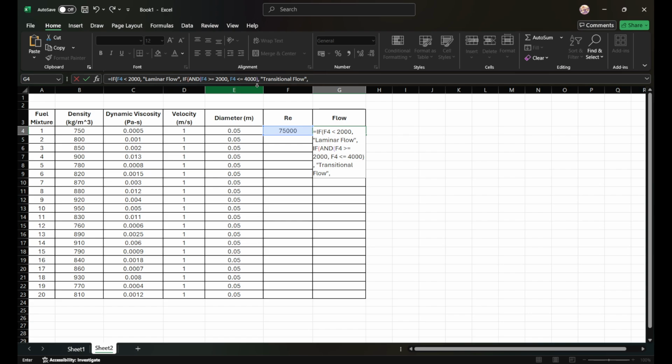And then finally, we're putting another if statement, choosing this cell again. This would be greater than 4000.